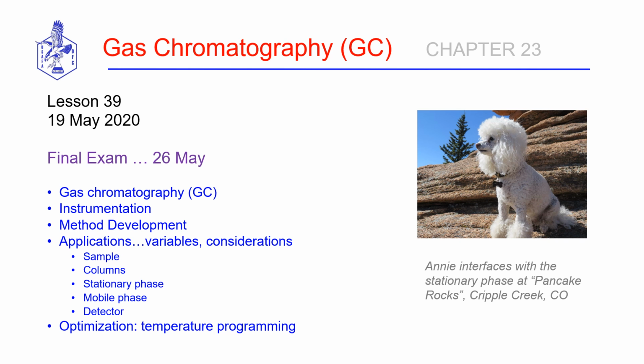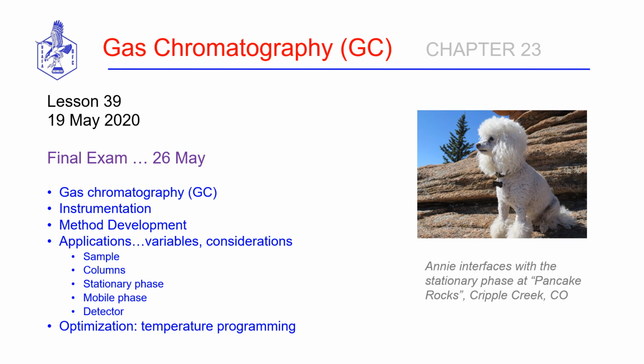Today we're going to just look at the instrumentation of the method, the important things that have to be considered in developing a method to use for gas chromatography. The applications include consideration of variables and options for how we prepare the sample and introduce it, the columns that get used, the stationary phase within those columns, the mobile phase, and an important parameter is how we're going to detect the eluent, the compounds coming off the end of the column.